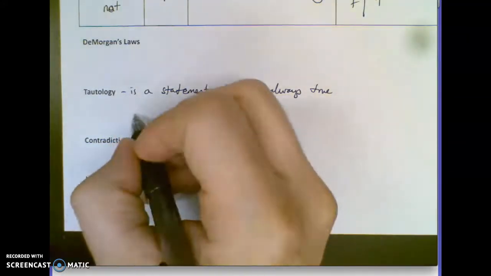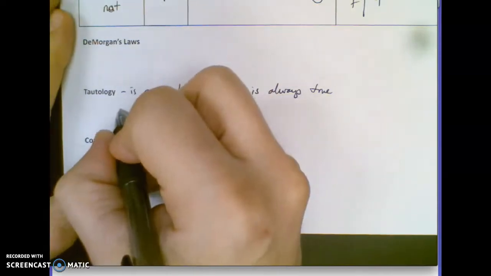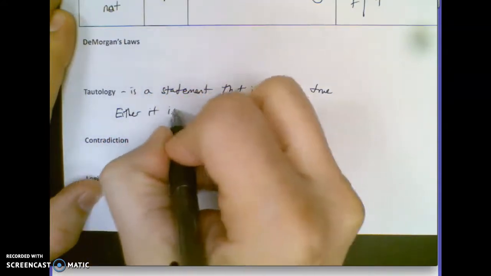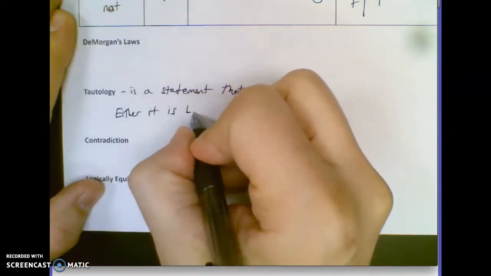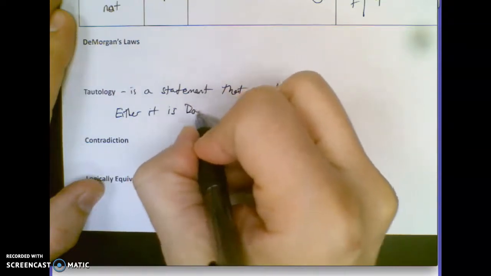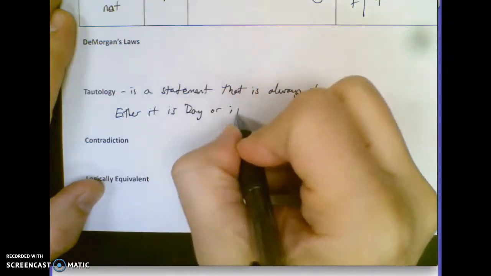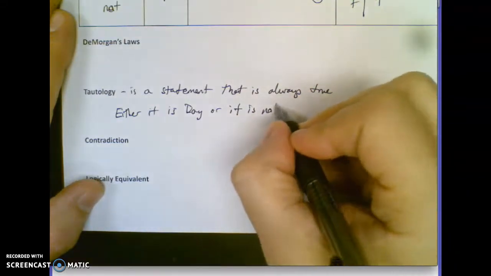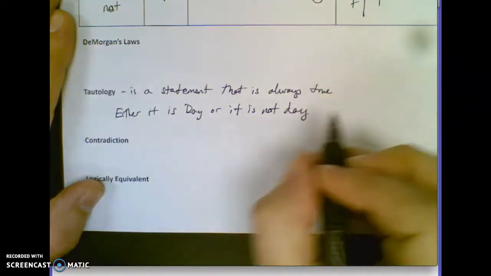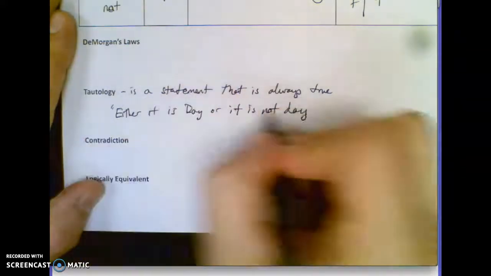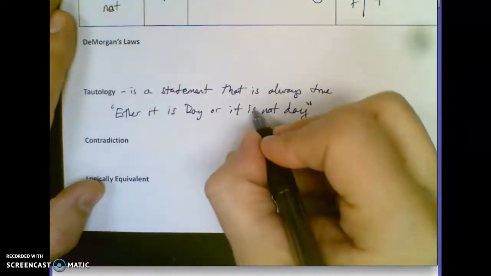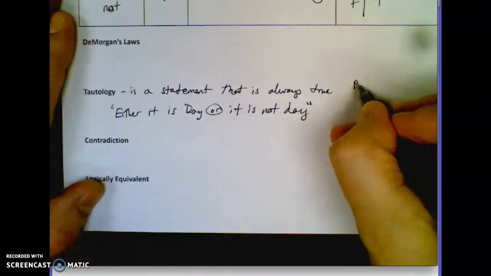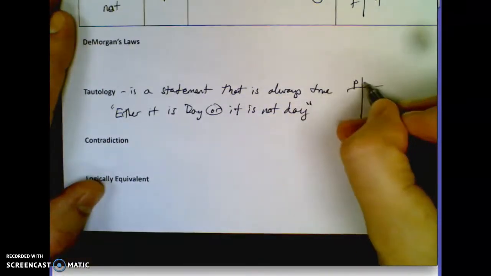For instance, if I said, either it is day or it is not day. You thought I was going to say night, didn't you? But with night, there's always dusk and dawn. So if I said this statement, either it's day or it is not day, your first statement is P, your second statement is not P.